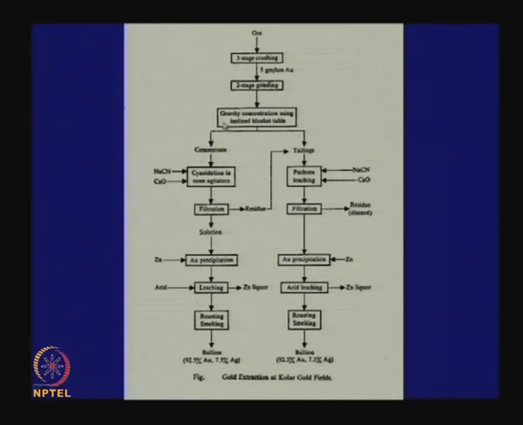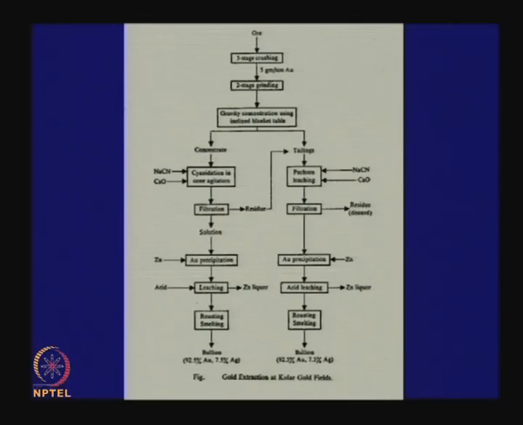Finally, we go for a gravity concentration using an inclined blanket table. Once you have finely crushed and ground rocks with gold particles, if we make a slurry and then let it go along a slanted surface, gold particles are heavier, so they will segregate.